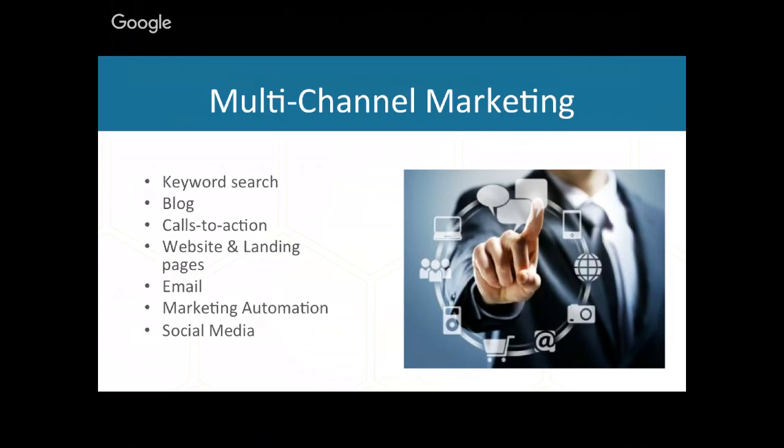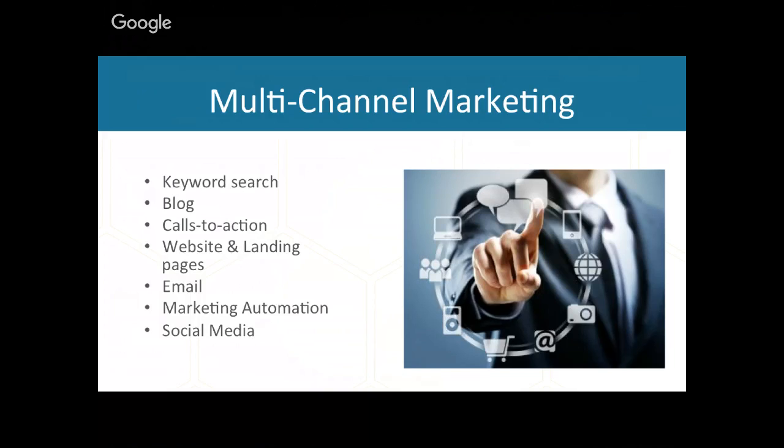So, the flow of using keywords to drive the content in your blog, making sure your blog and your website and your emails and all of your content has specific calls to action to tell people what to do, and then to have that call to action drive people to a landing page or to website pages that offer some sort of an online form, some way to connect, some way to tell people, yes, I'm interested.